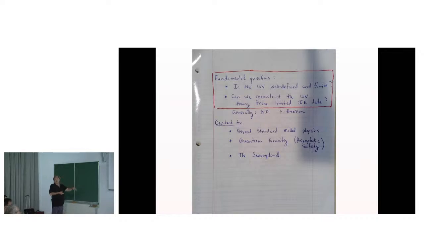The C theorem tells you that in the flow from the ultraviolet to the infrared, some degrees of freedom are lost. We could stop here, but I'm going to provide a lot of examples where the answer is yes. We can reconstruct the UV theory.